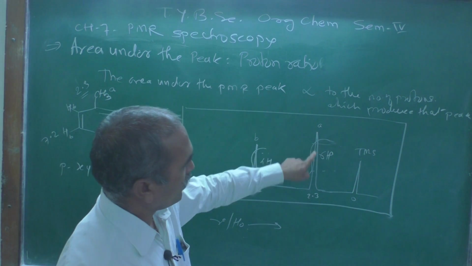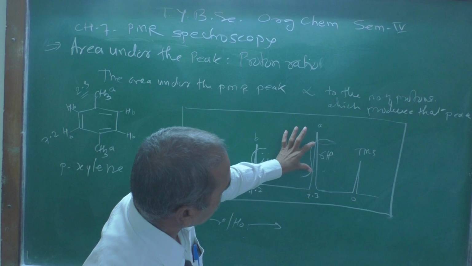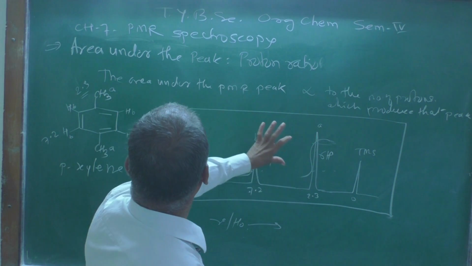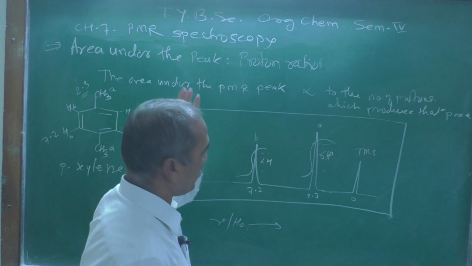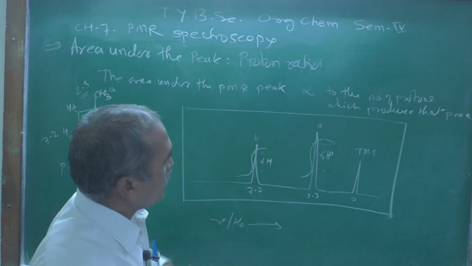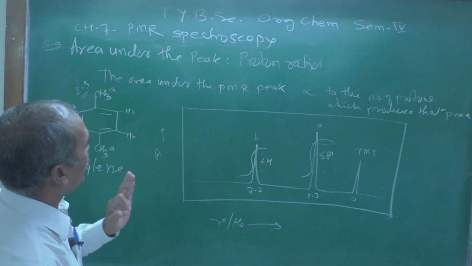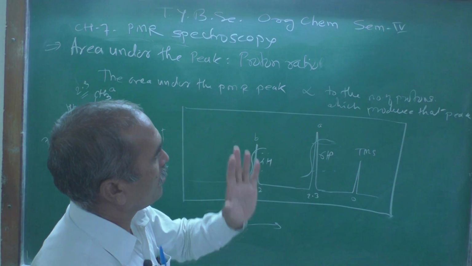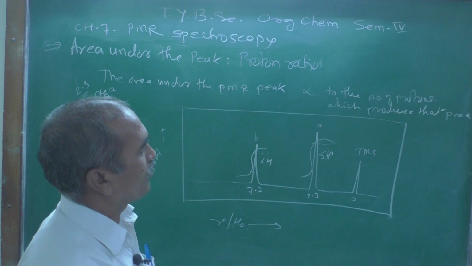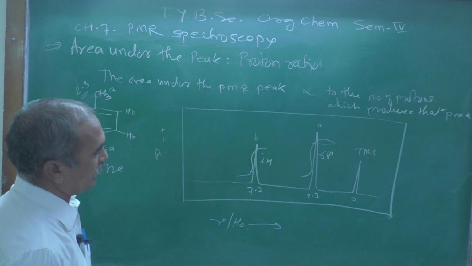Look at the integration here. This part is known as the area under the PMR peak, and as we know, the area under the PMR peak is directly proportional to the number of protons which produce that peak.